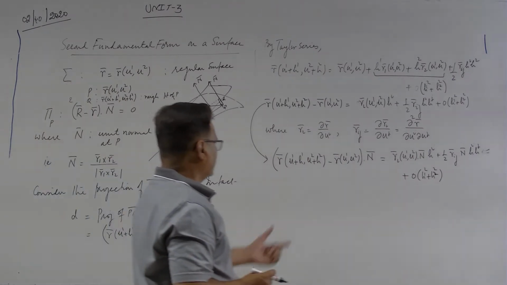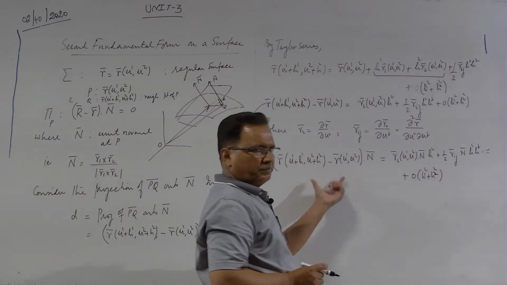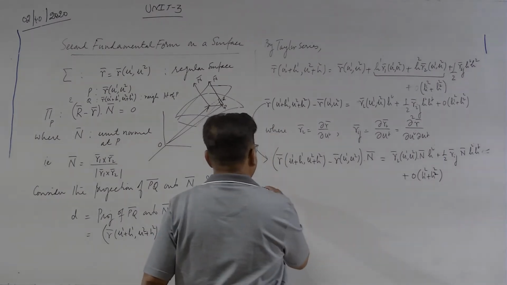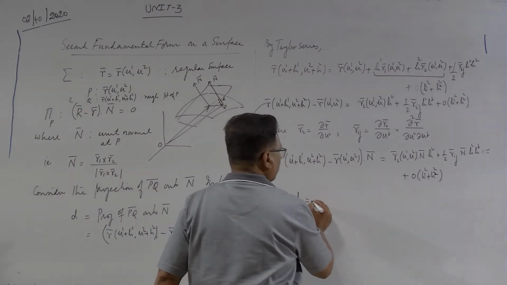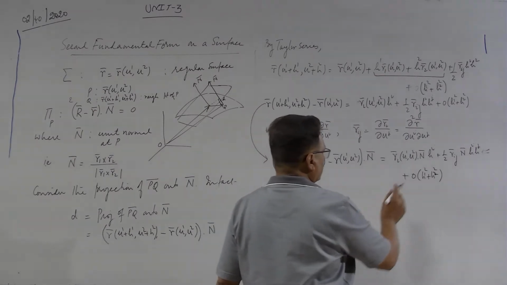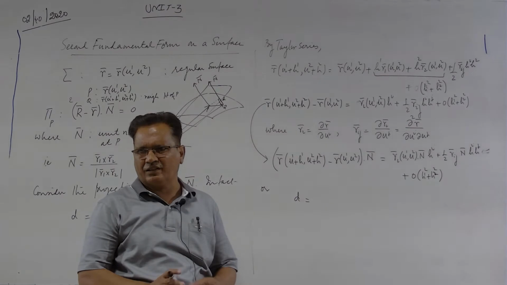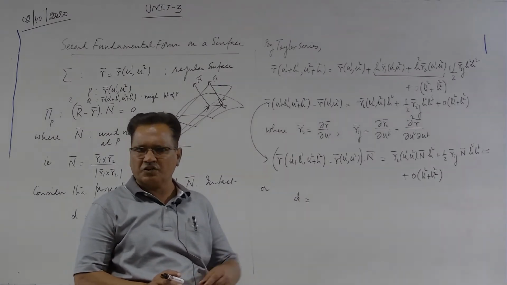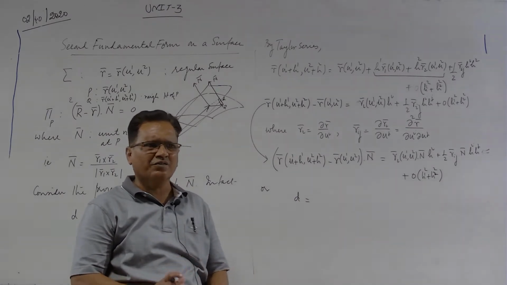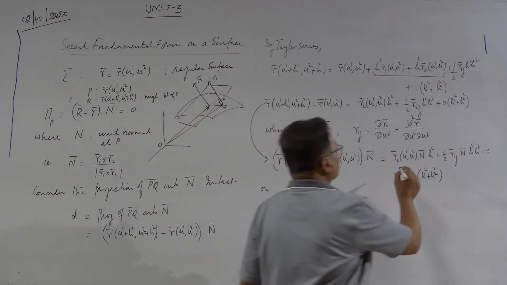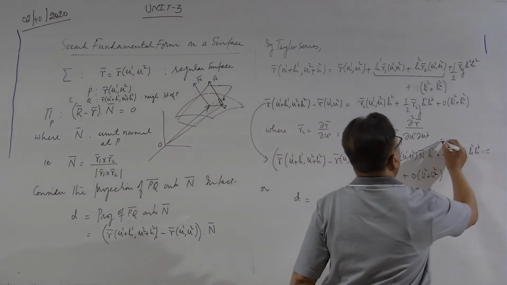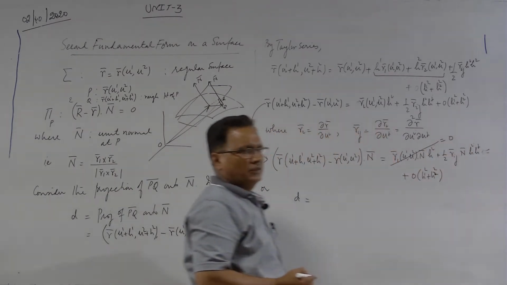Now, the left hand side is d. So, d equal to, now this term will go off because r_i is a tangent vector, the derivative of r with respect to the ith parameter will be a tangent vector. So, the dot product of tangent and normal will always be 0.